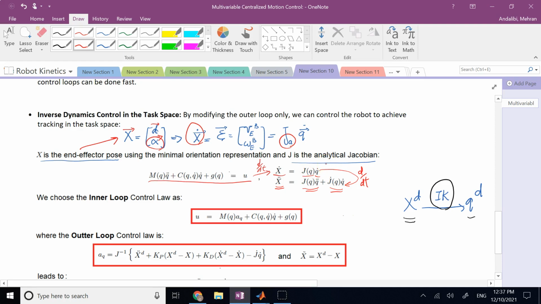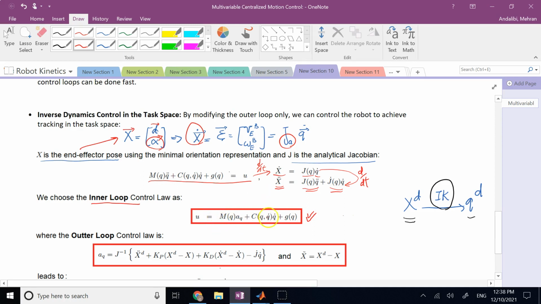If that is the case, I'm still going to choose my inner loop control law the same as it used to be. So the inner loop control law has no difference with respect to the previous case.